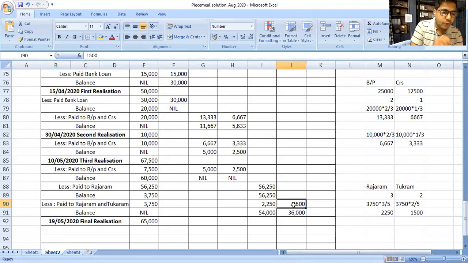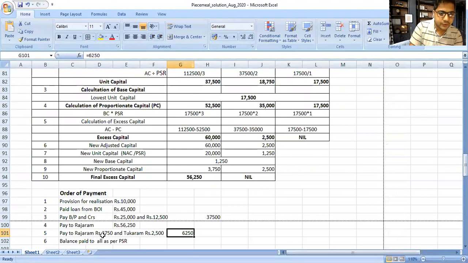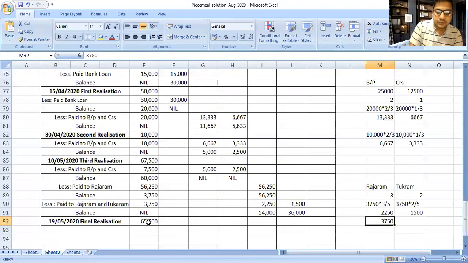Now, as per the order we have to pay 3750, but it was not possible, so from this we paid 2250.